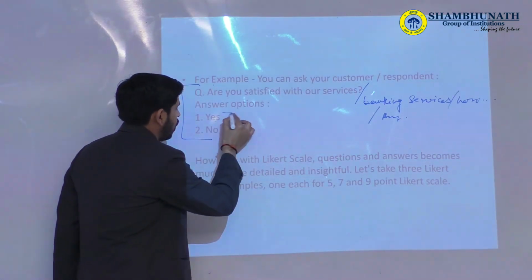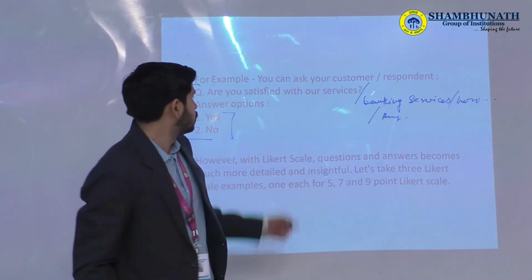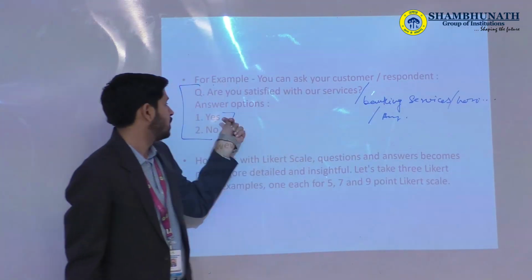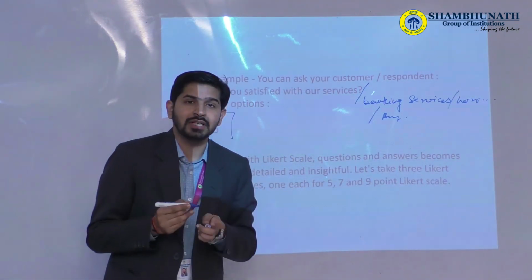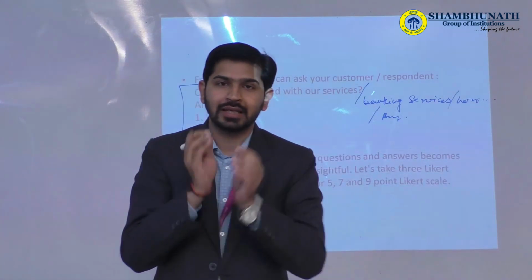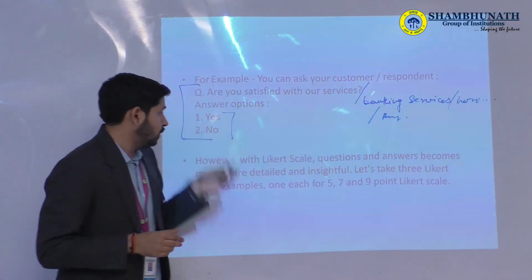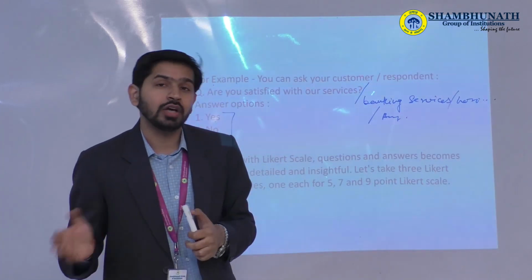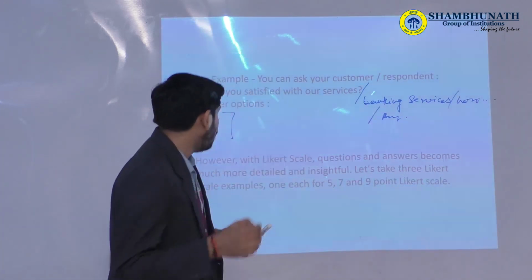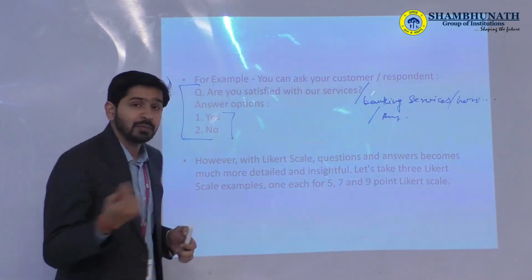Suppose you give the option yes or no. So, are you satisfied with our service? Suppose 60% say yes, we are satisfied with your banking services or hospitality services. 30% say no, we are not satisfied with your services. Now what remains? The remaining is 10%.